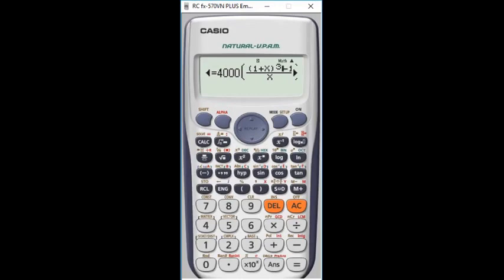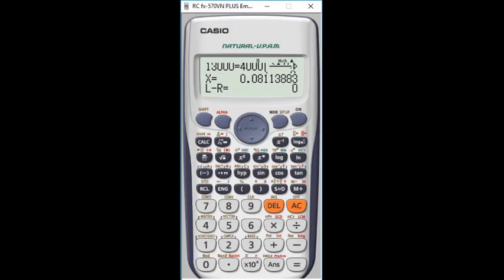So press Shift, then Calc. The calculator will ask you to solve for X. Then press the equal sign in order to find the value of X. And here we go.